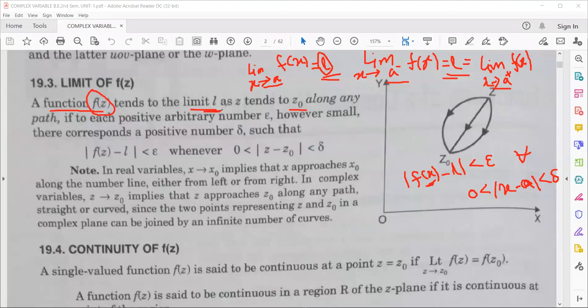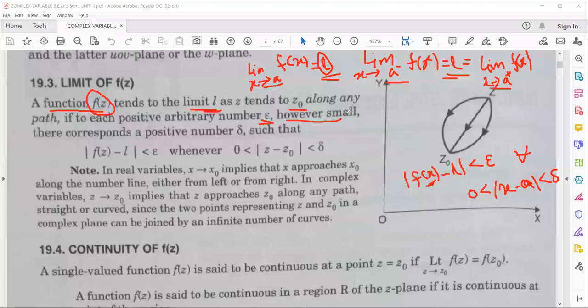Then it says that for every positive value of epsilon, however small, just see the word however small.